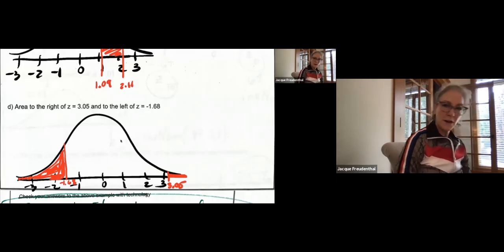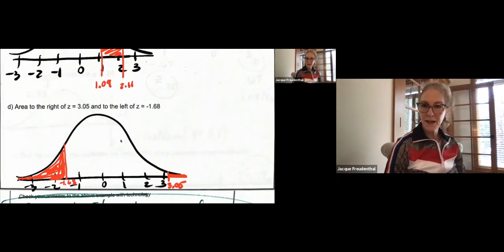So if you're looking at your graph, did you draw something similar to that?